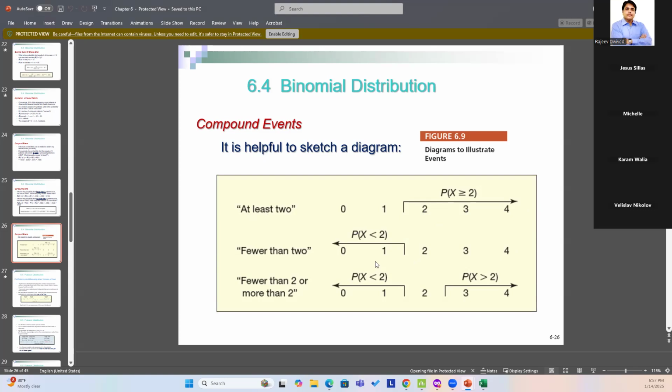Up to 2 means 0, 1 and 2. Discrete means you have 0, 1, 2, 3, 4. If it is asking less than 2, it is not asking 2, it is asking the values before. So there are two, PDF and CDF. If you understand this part, it's easy to do the rest. Poisson distribution has a different nature. Any questions related to binomial distribution?